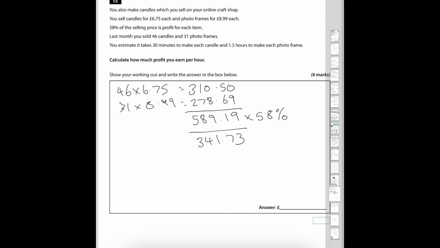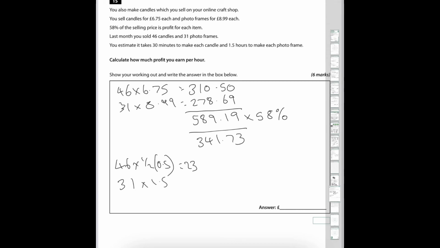So now we need to work out how many hours it takes to make all of these. So we had 46 candles and they take 30 minutes each to make. So that's half an hour. So it's half of what we need. So what we need to do then is do 46 times a half, or 0.5, which is 23. Do that on calculator if you need to.